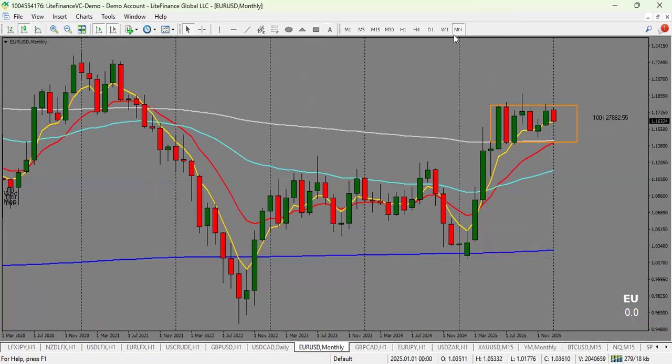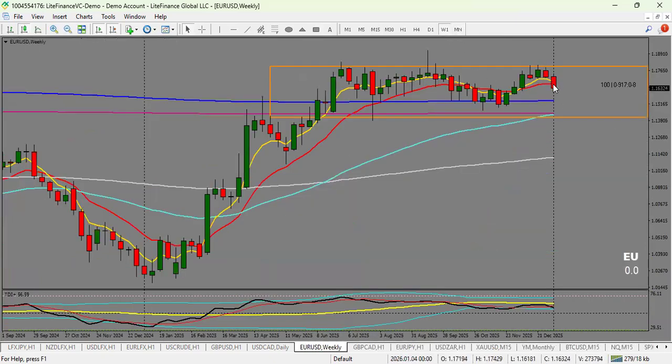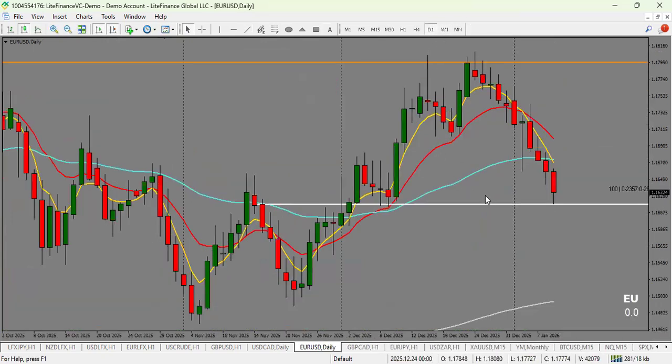Right now, price is trying to find the support below. We are having an order block right there, and price has actually reached that order block.